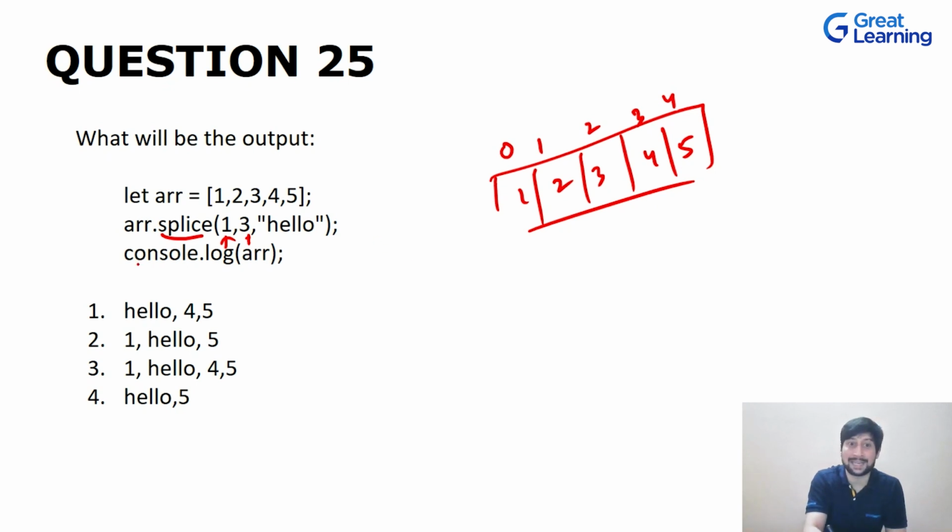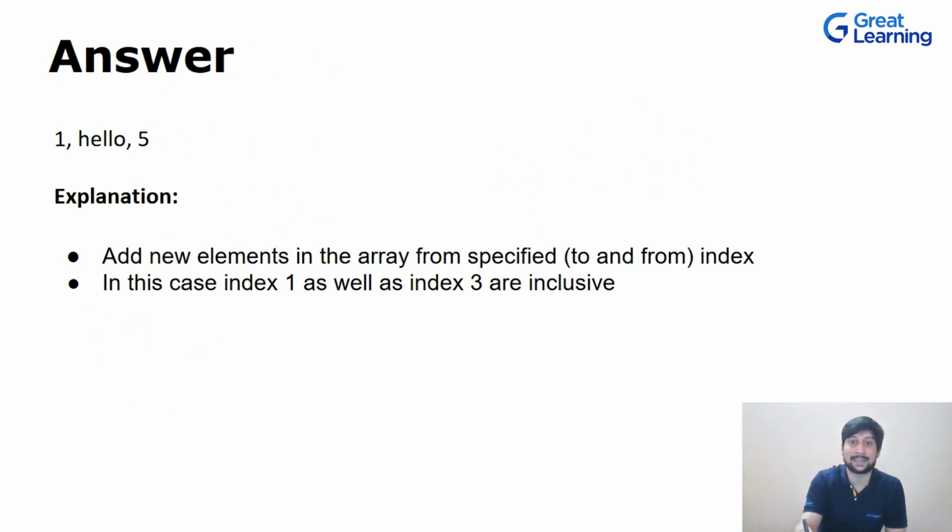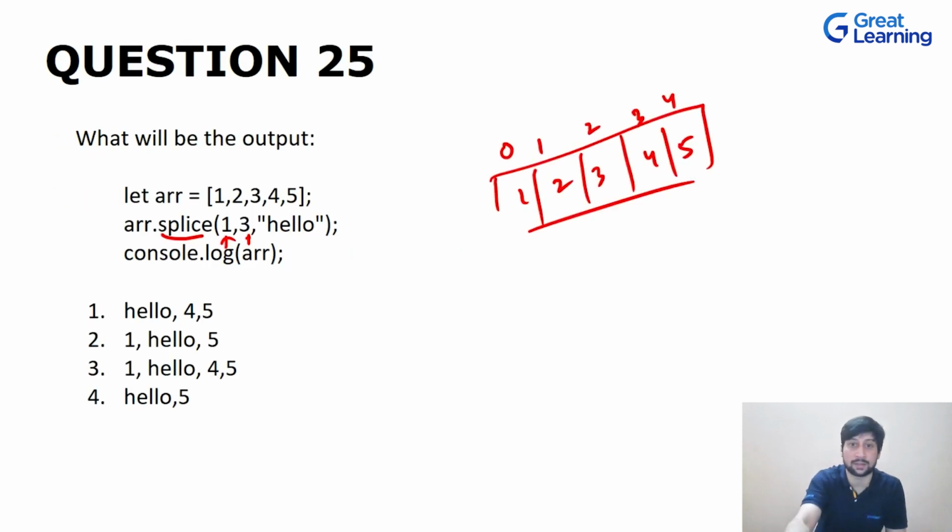Since we are using the splice method, both of them, this 1 as well as 3, will be inclusive. That means we will be taking both of these indexes into consideration. So we are saying that splice this array from this position to this position, and both indexes are included, and replace that with this hello.